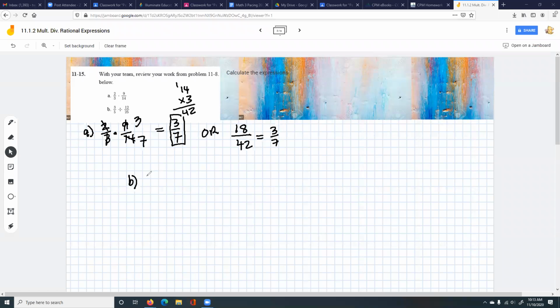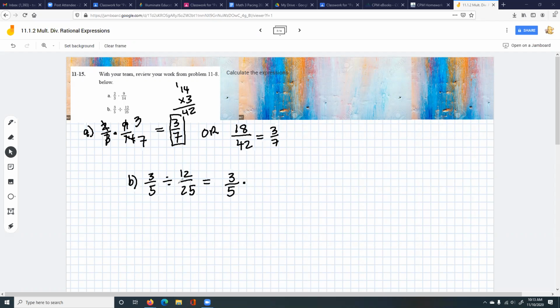Now, if I look at part B here, 3/5 divided by 12/25. Remember when we divide fractions? We never divide fractions. We always change the division to, anybody? You're welcome to unmute yourself and comment. Let me know you're awake.